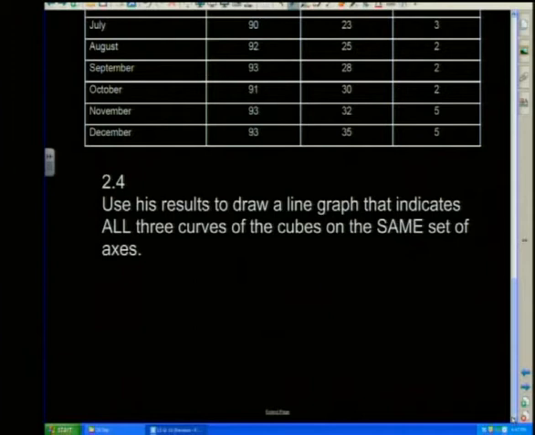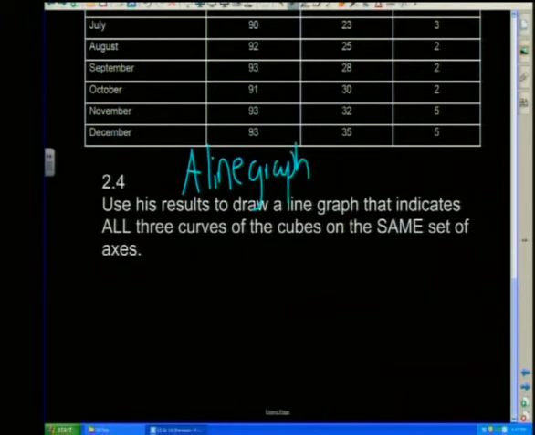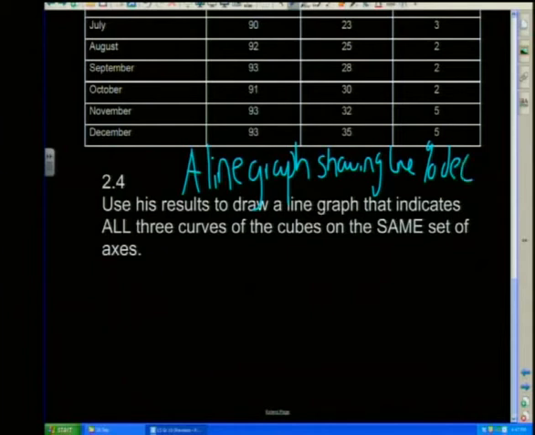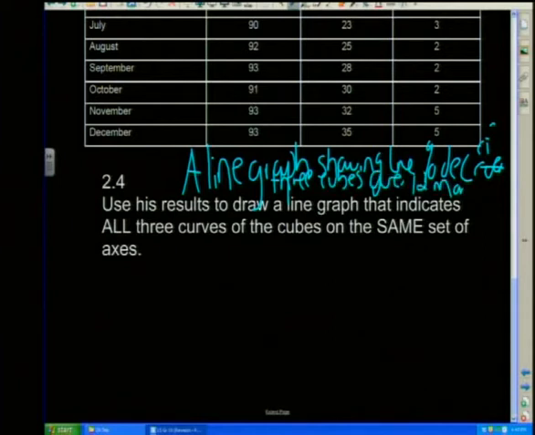Okay, first thing that you do, the basics of a graph. The first thing, I'm going to put it over here, a heading. Please, I'm a bit pedantic about that. It's a line graph, and now you must have your variables in it, showing the percentage of decomposition of 3 cubes over 12 months.